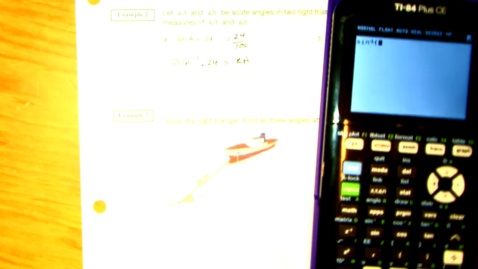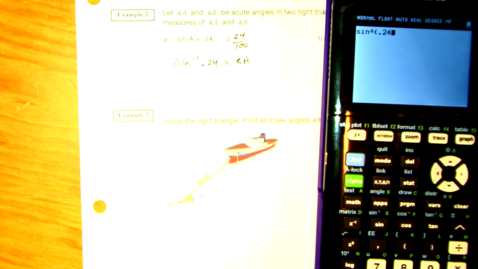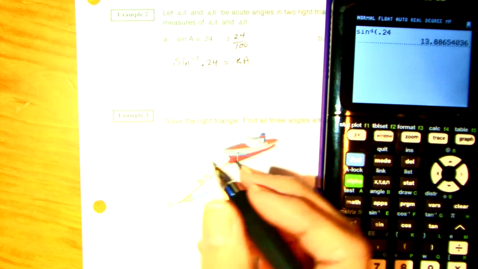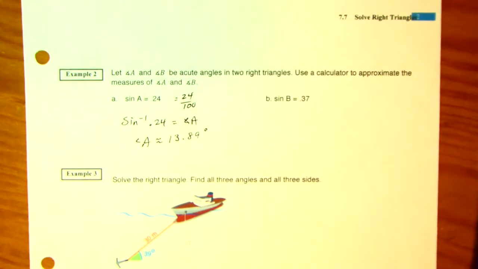Sine inverse of 0.24. Ooh, it's pretty crazy. Maybe if I turn this light that way, does that help a little bit? Okay. 13.8865 is your angle. So angle A is about 13.89 degrees.